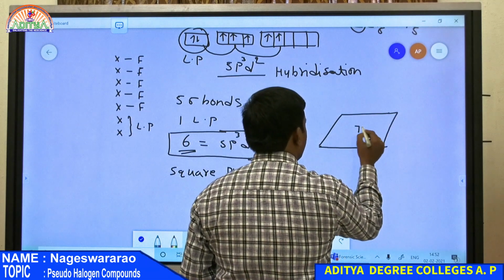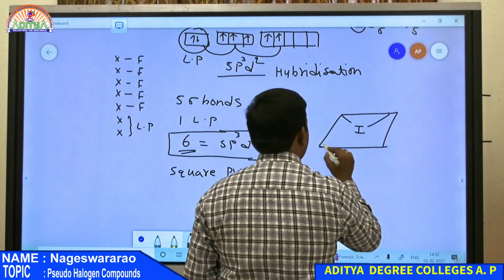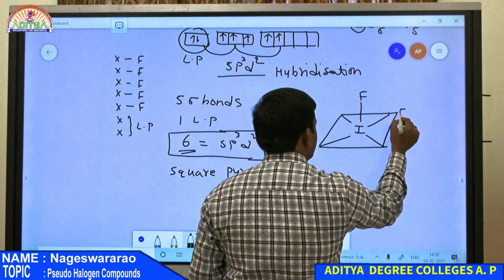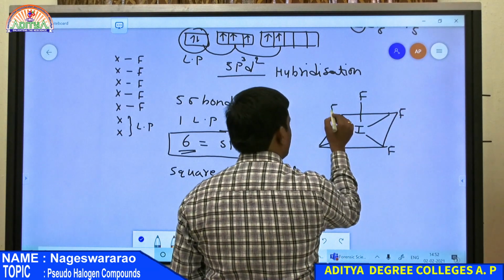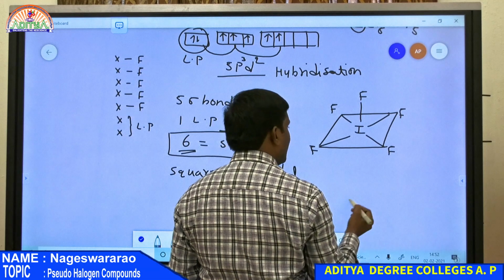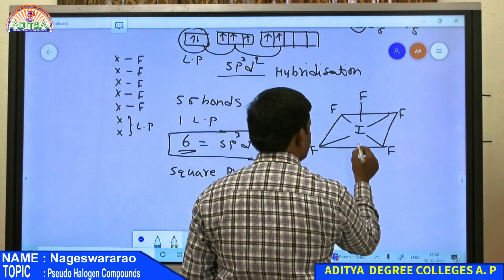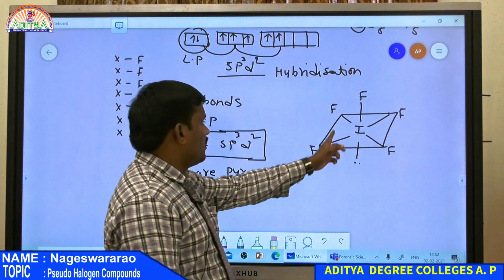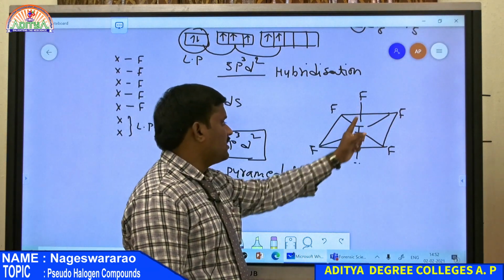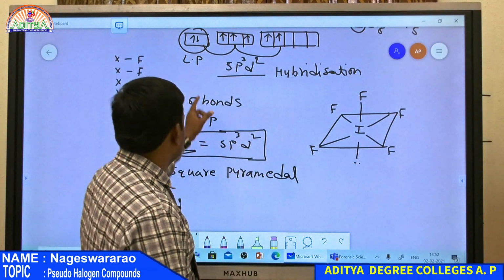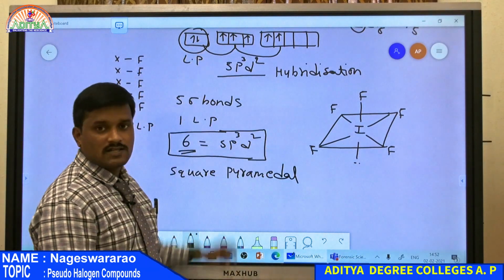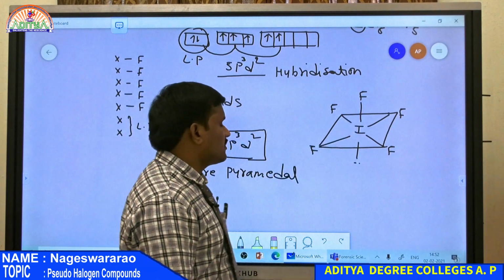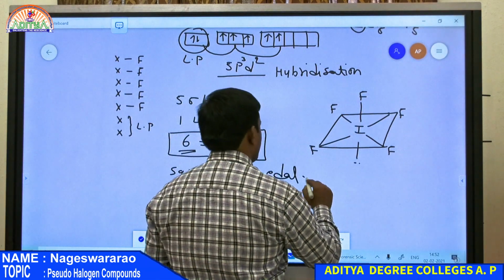This is the central iodine atom and it is bonded with 5 fluorine atoms: this is 1 fluorine, second, third, fourth and fifth fluorine atom, and there is a lone pair of electrons present like this. So here there are 5 sigma bonds with iodine and 1 lone pair of electrons, present in the 5s orbital. So 1 lone pair and 5 sigma bonds; therefore its structure is square pyramidal.